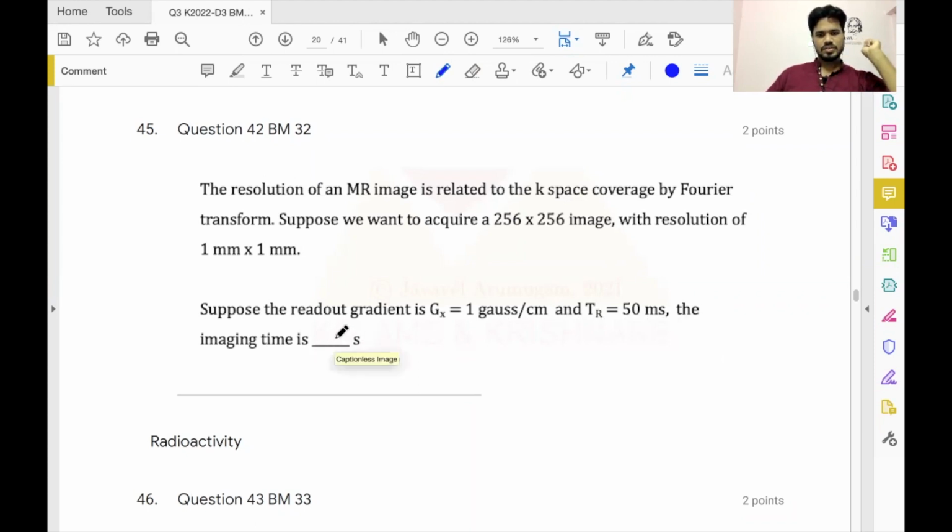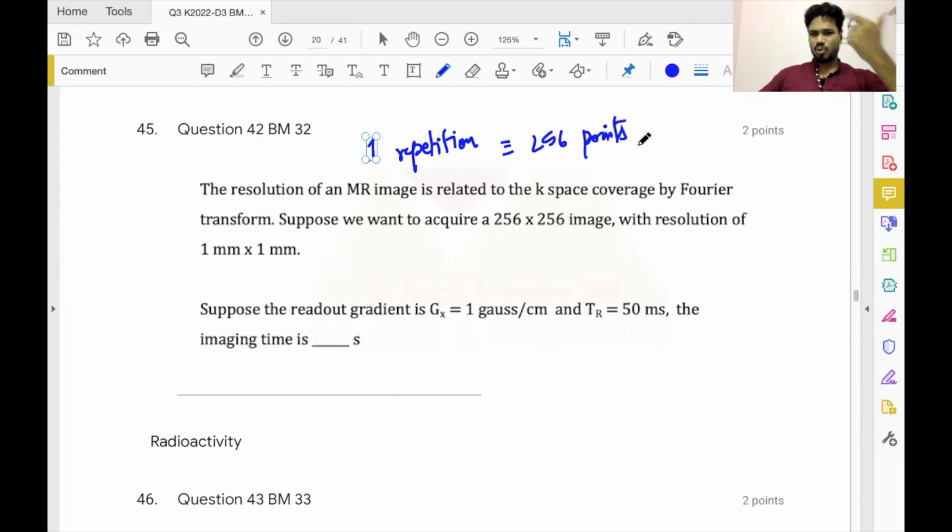In fact, this is a much simpler problem compared to what is given in this book. It says in one repetition, we essentially get 256 points in k-space. This is essentially one row. Now, how many rows should we get?